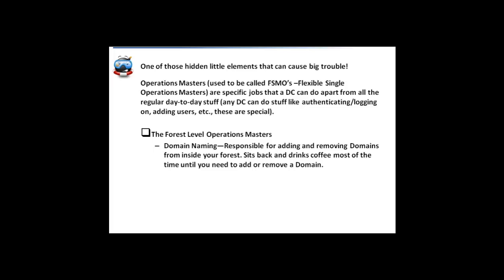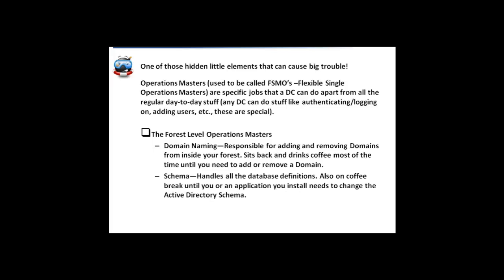First are the forest level operations masters, which are the domain naming master, responsible for adding and removing domains inside the forest, and the schema master, which handles all the database definitions, such as changes on the schema of the Active Directory.